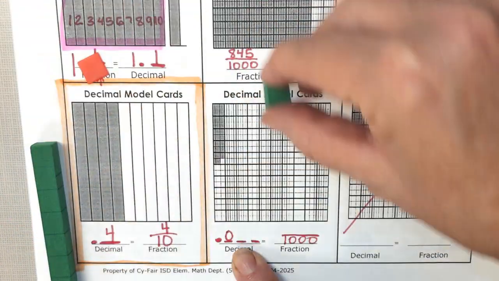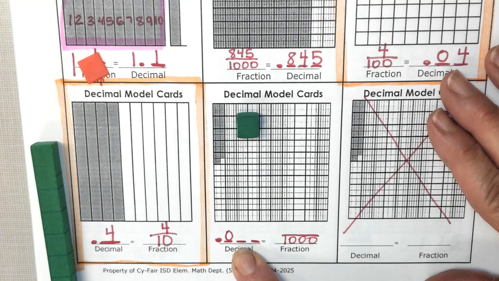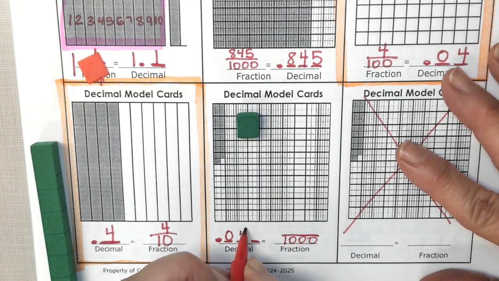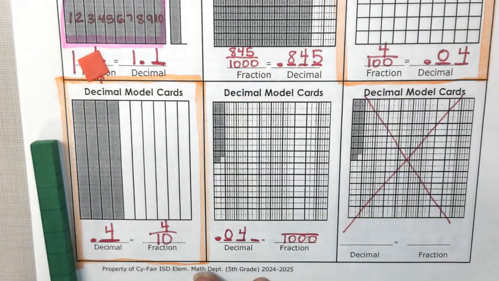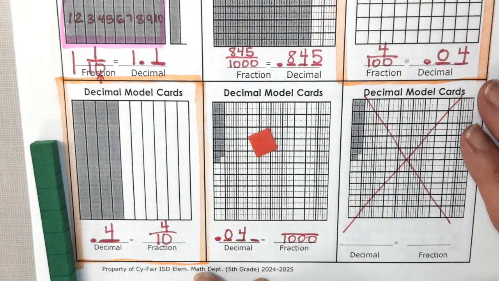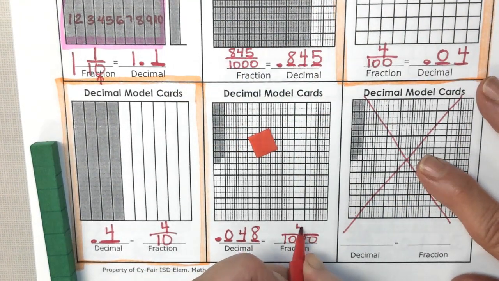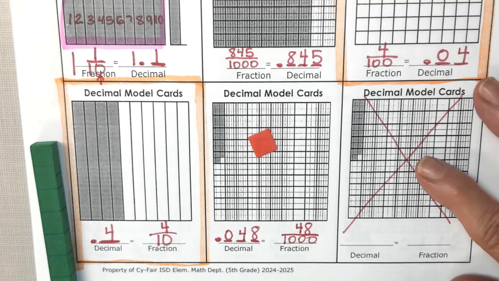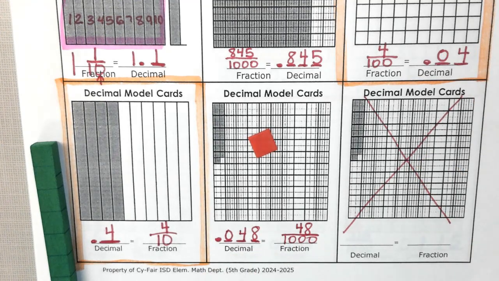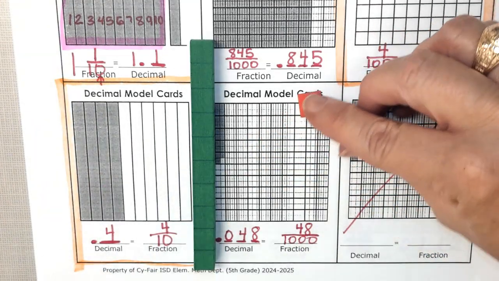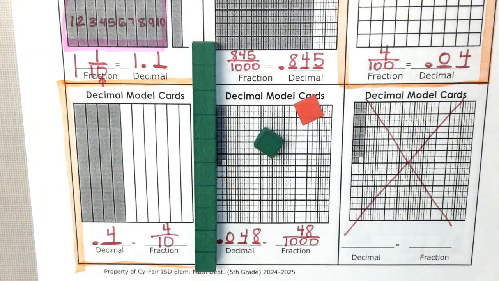Are there 8 of these? No. Oh, I mean 4. And Presley, how many thousandths? 8. Slide that number on top of your thousandths and you get 48 thousandths. Good? Okay, does everybody see how to relate those?